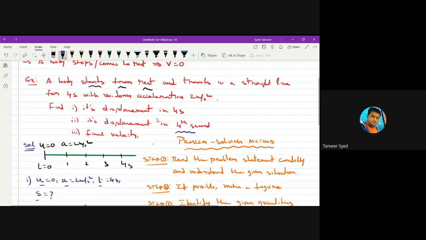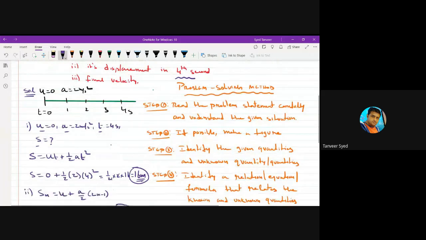Third question. Final velocity. The body is starting from rest at t equal to 0 and is traveling for 4 seconds. So final velocity is the velocity at 4 seconds. How much is this velocity?